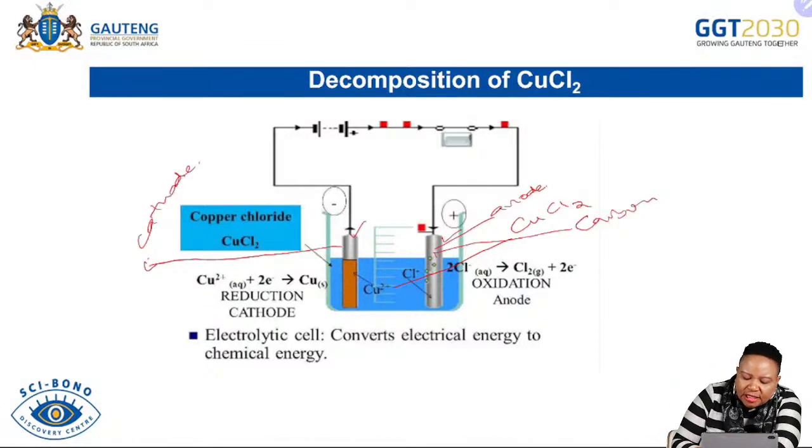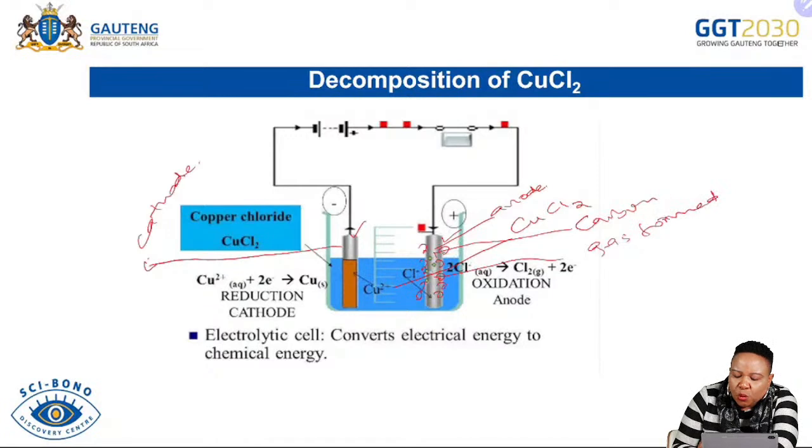As you can see from the diagram, at the anode side there will be some bubbles forming to show that a gas is formed. We know which gas is formed when we decompose copper chloride: chlorine gas. So what type of reaction do you find at the anode?